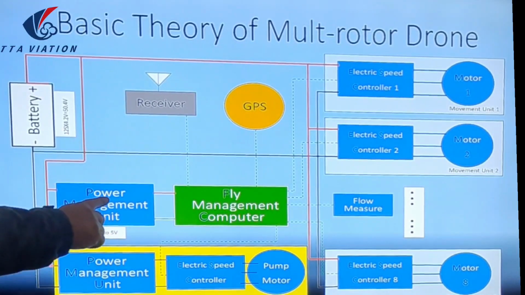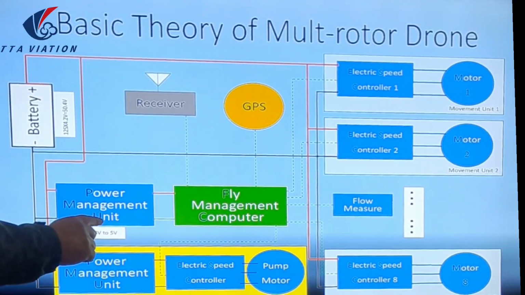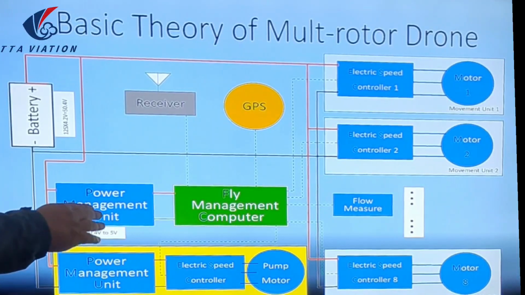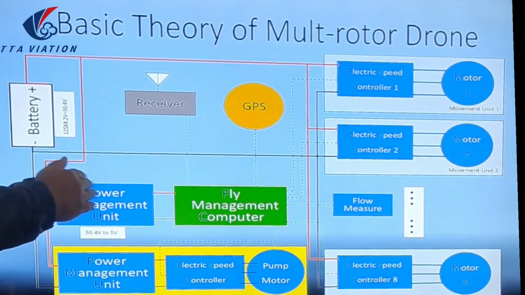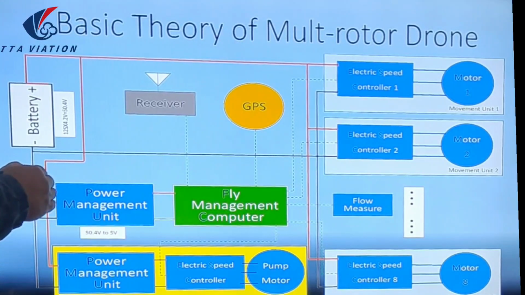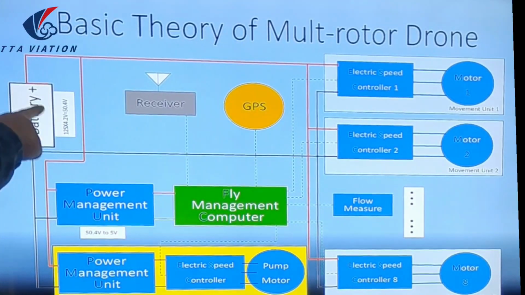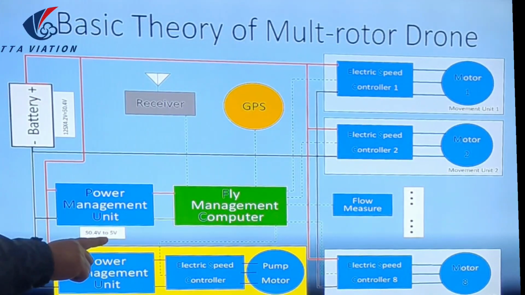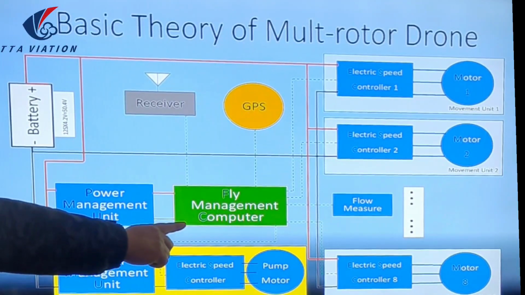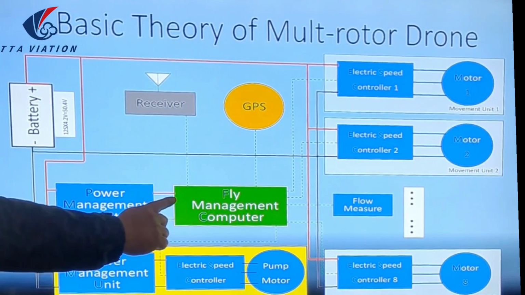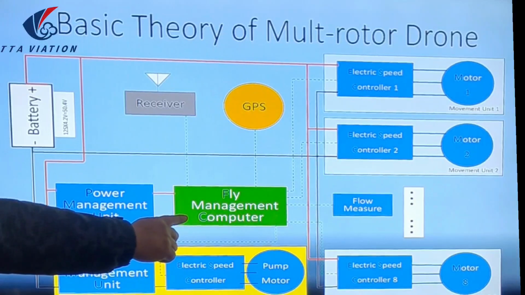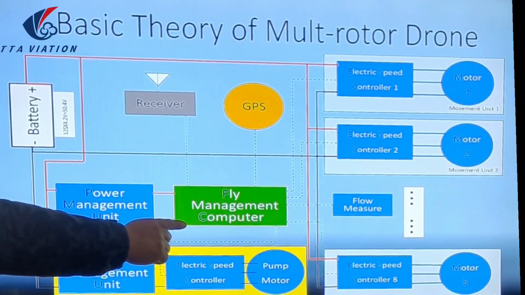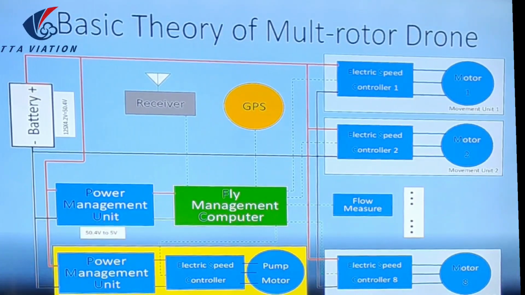So we add this one, the power management unit. This part's basic function is to change the battery's voltage to the voltage this device needs to work.